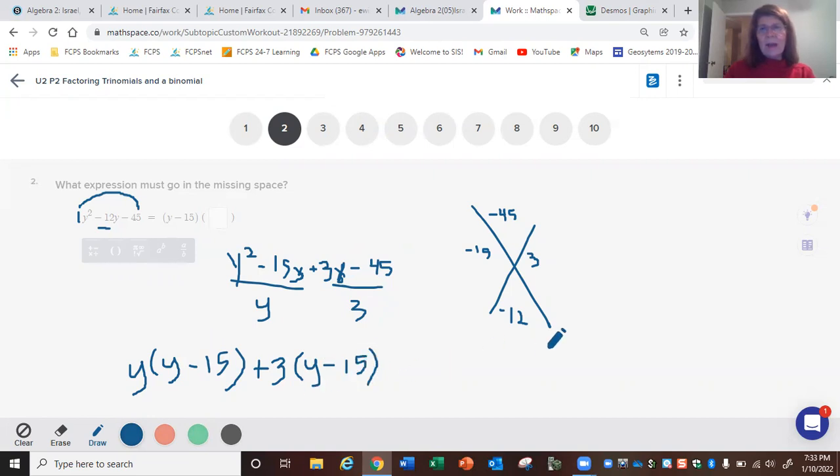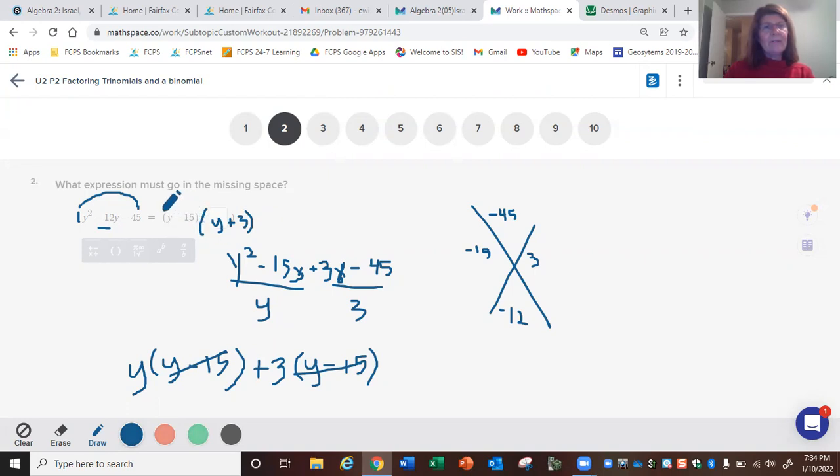So now I've got a common factor of y minus 15 that is going to be in front. When I divide out that common factor, the other factor is going to be y plus 3.